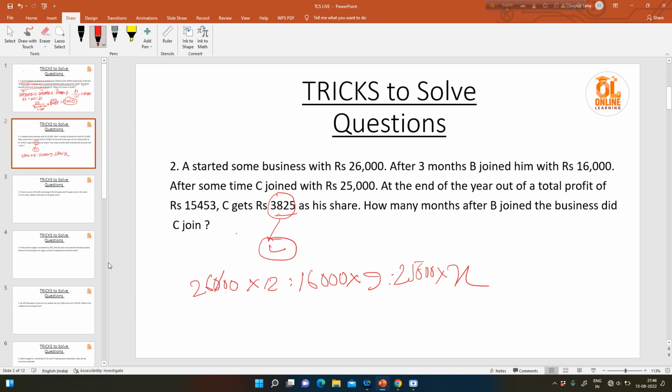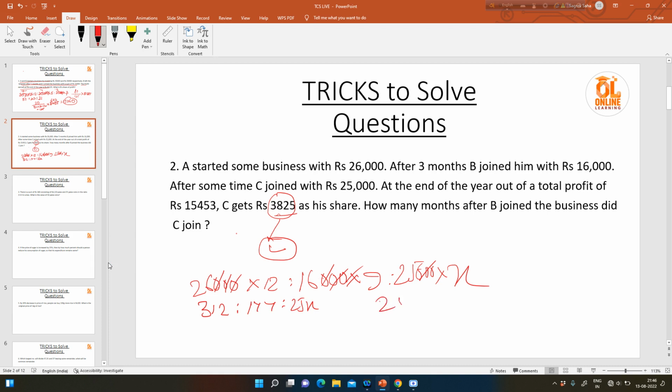Let us reduce the equation, cut the zeros. 26 into 12, what will we get? 312. 16 into 9 is 144, and it would be 25X. It is already given that her share is 3825.